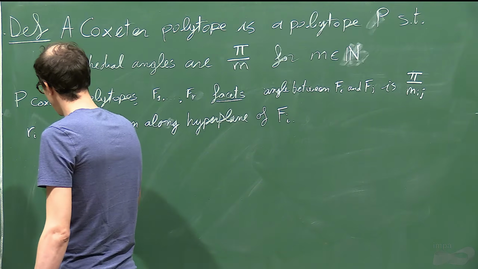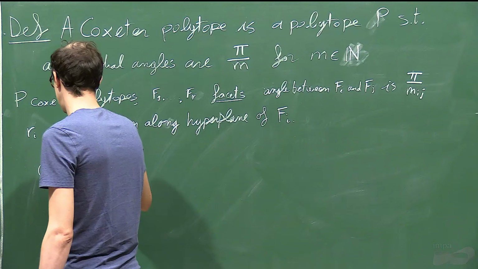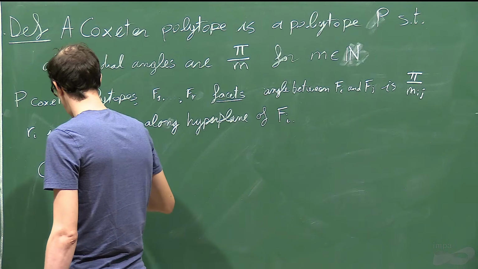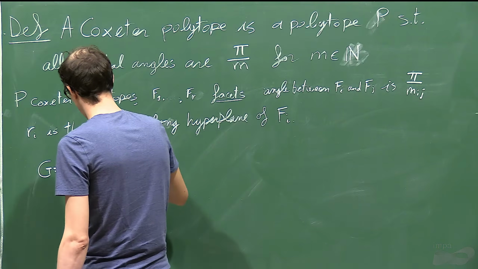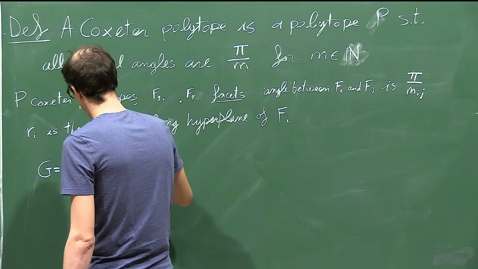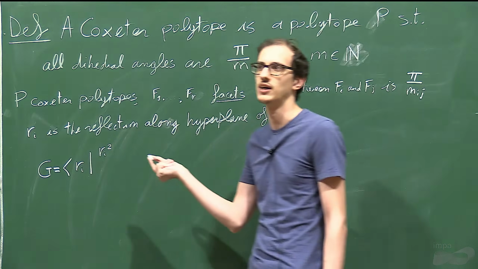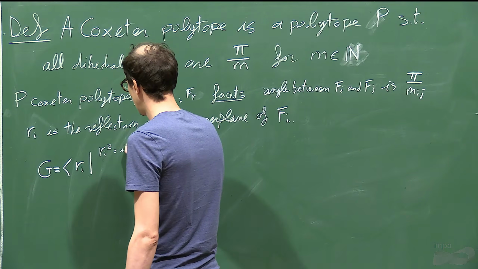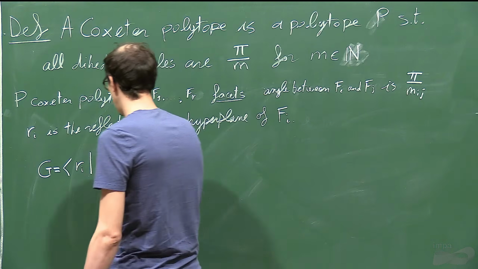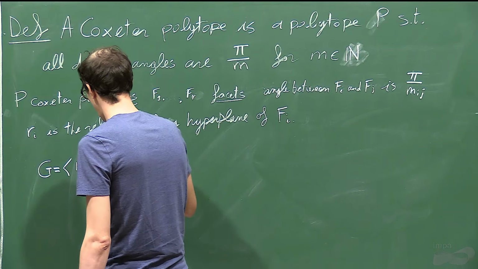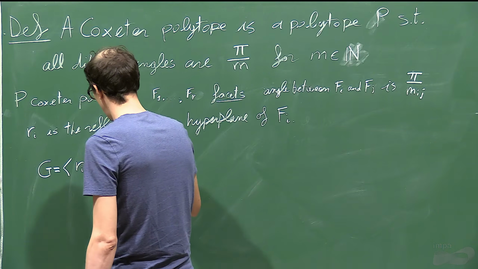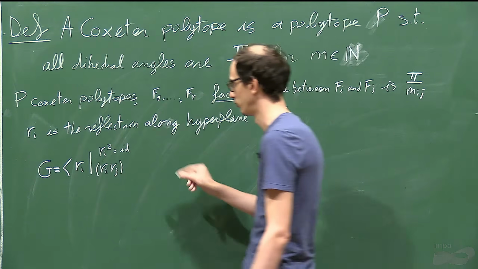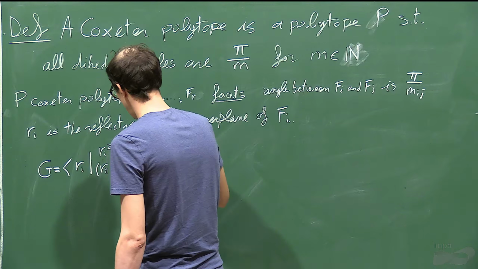So G is the group generated by the Ri's, and the relations are, first, that when you do a reflection twice, you just get the identity. And the second one is what happens when you do two reflections along two different facets, and you get this relation.